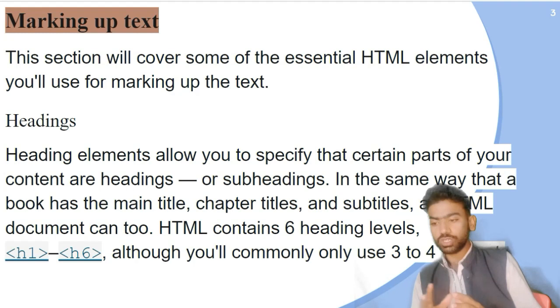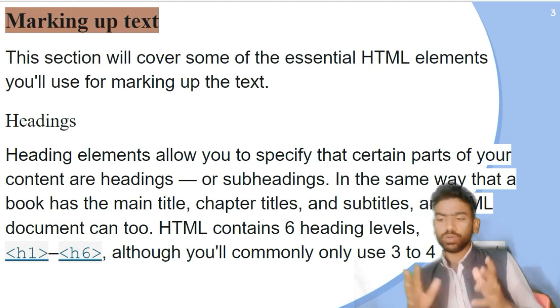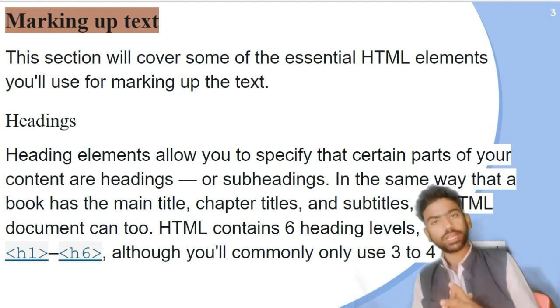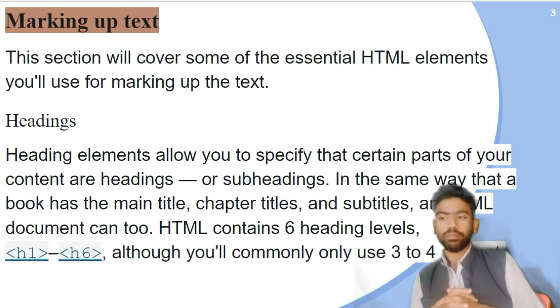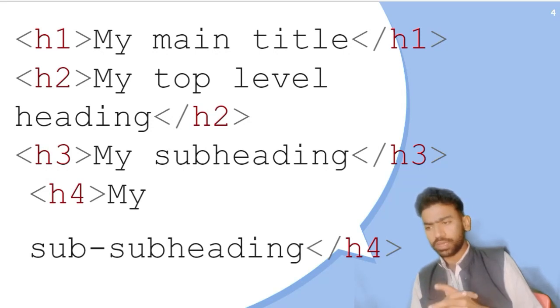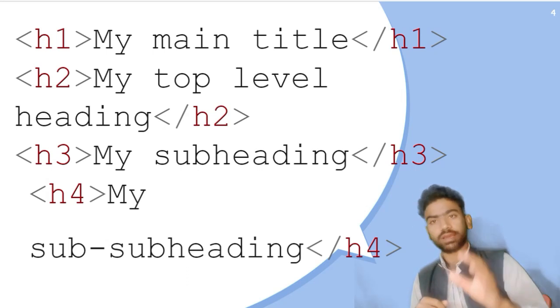HTML contains 6 heading levels, H1 to H6, although you will commonly only use 3 to 4 at most. H1 my main title, H2 my top level heading, H3 my subheadings, and H4 my sub-subheading. So this is the heading, and next, paragraphs.